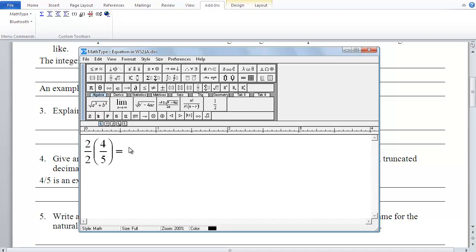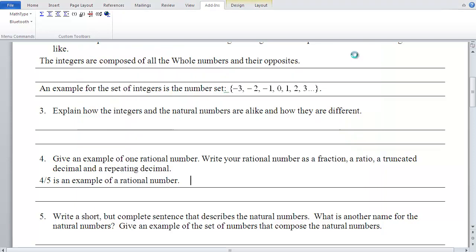That will give me 8 divided by 10, right? So I'm going to use 8 divided by 10 as an example of a fraction that is the same value as 4 divided by 5.